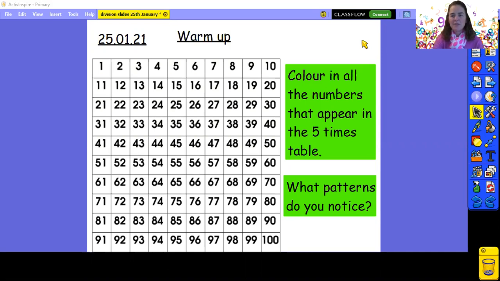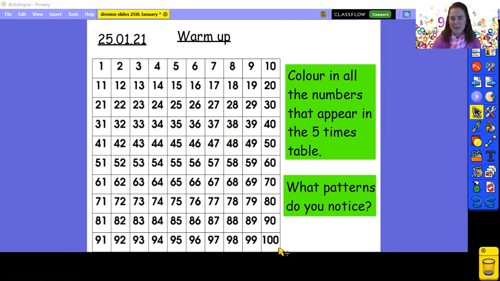Right, welcome back. Hopefully you've managed to get a 100 square to help you. To warm up our maths brains today, we're going to start by counting in fives all the way up to 100. I'm going to point at the numbers as we say them. So let's go. 5, 10, 15, 20, 25, 30, 35, 40, 45, 50, 55, 60, 65, 70, 75, 80, 85, 90, 95, 100.